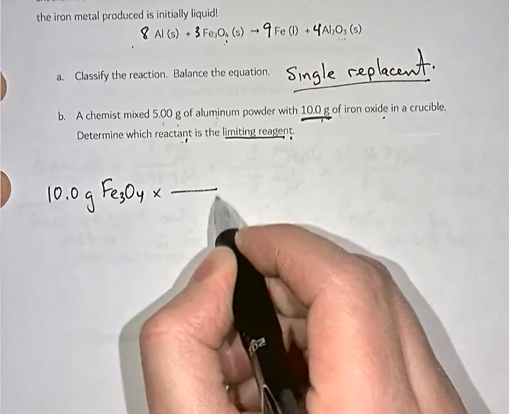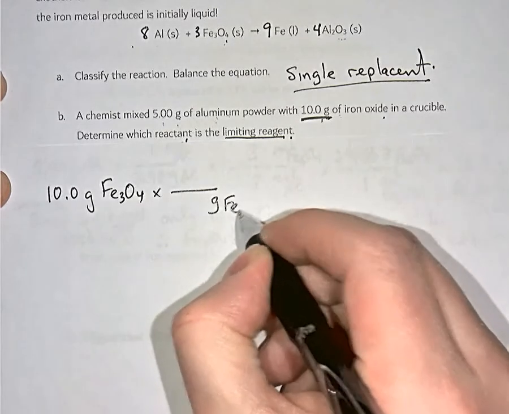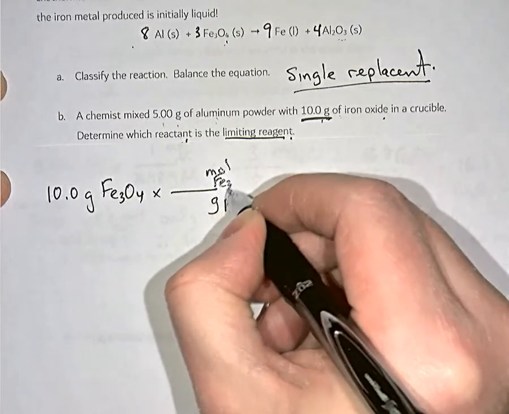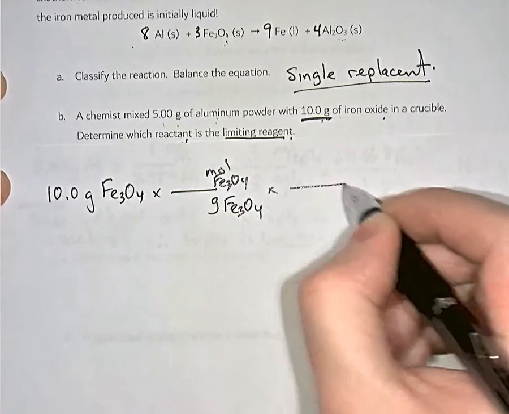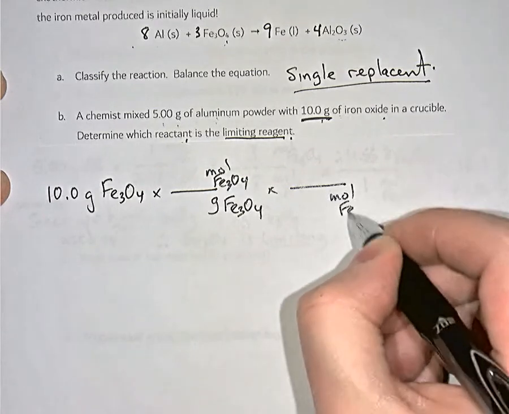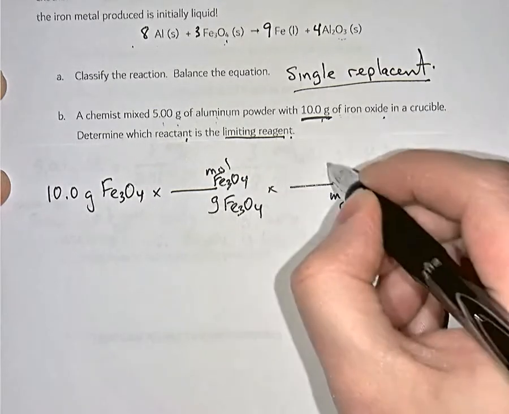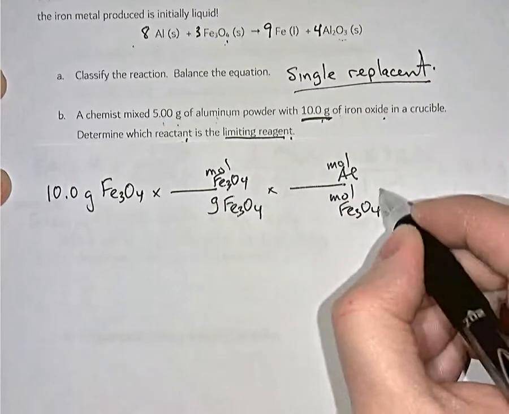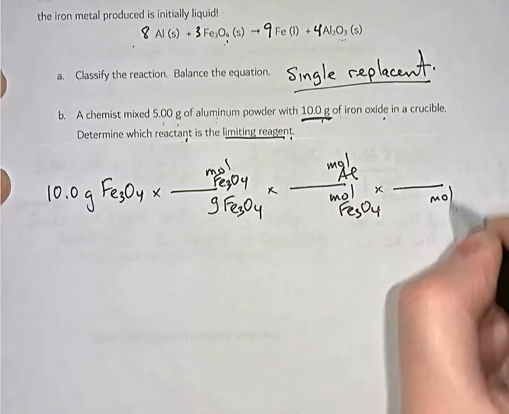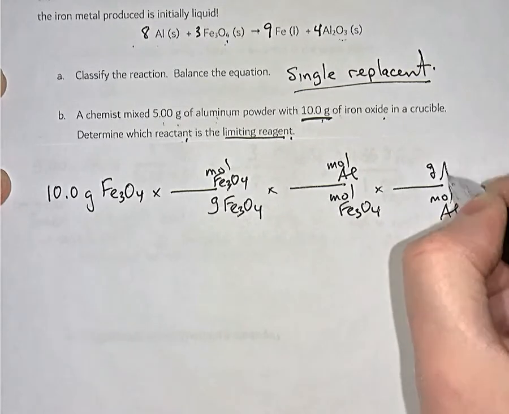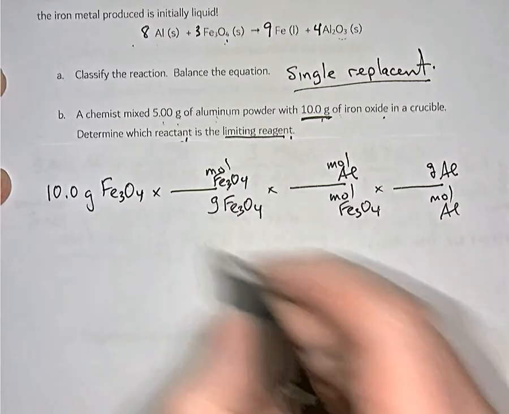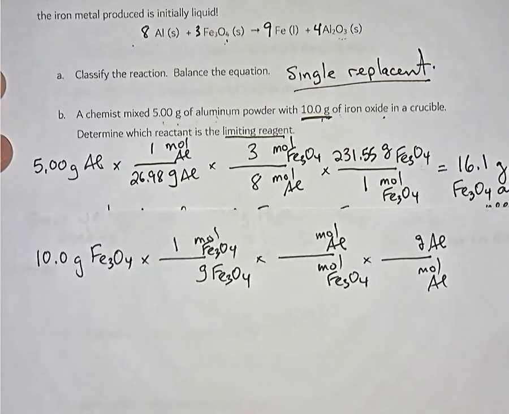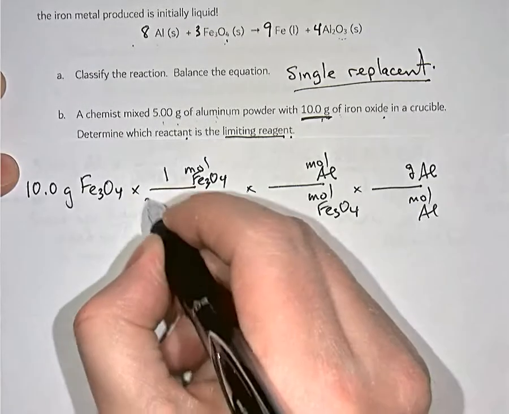So we'll switch our grams of iron oxide to moles of iron oxide. And then we'll switch the moles of iron oxide using the balanced equation to moles of aluminum. And then we'll switch the moles of aluminum to grams of aluminum. So the molar mass of the iron oxide we said was 231.55.